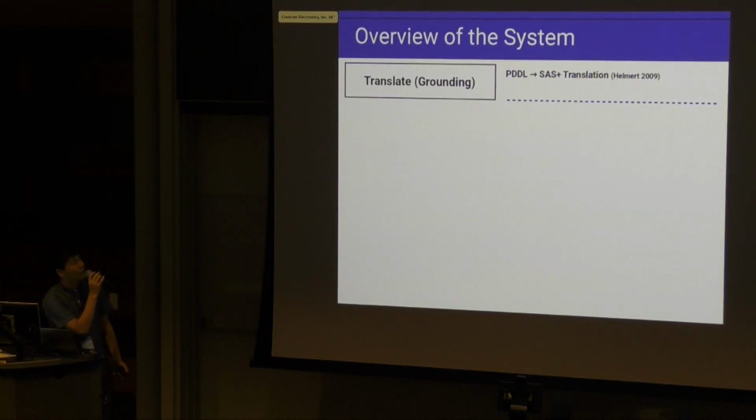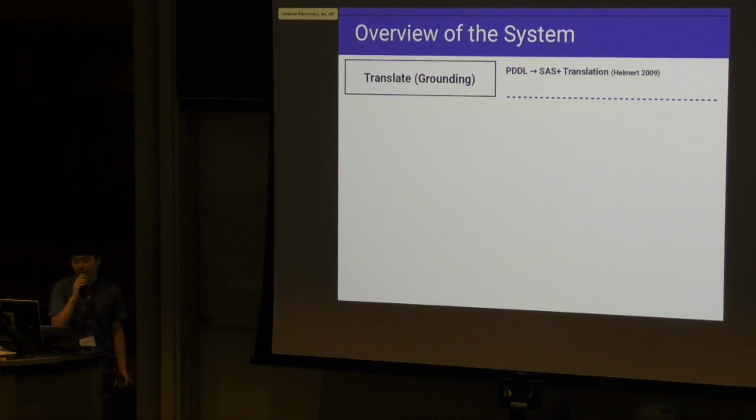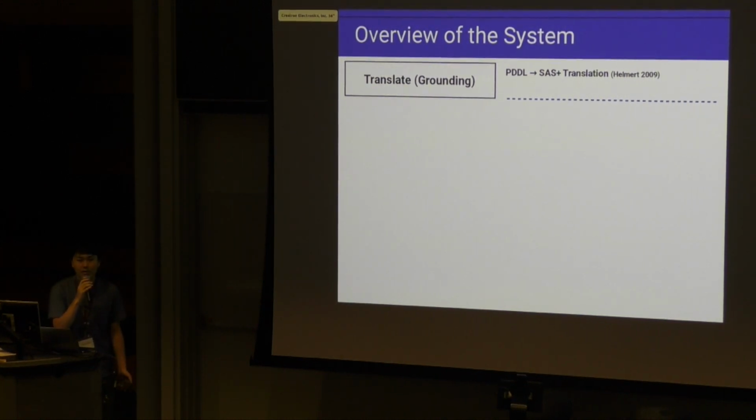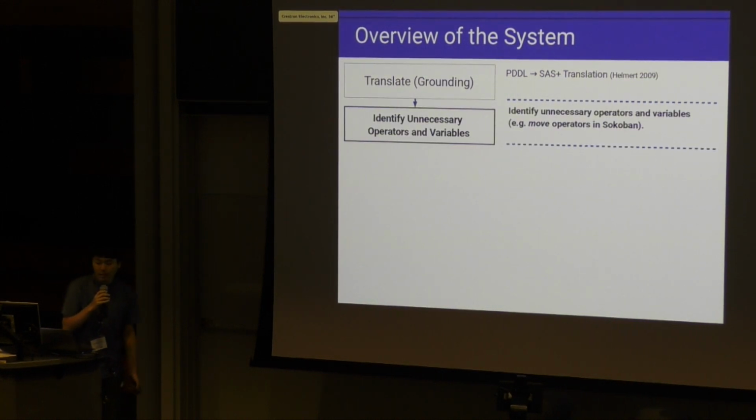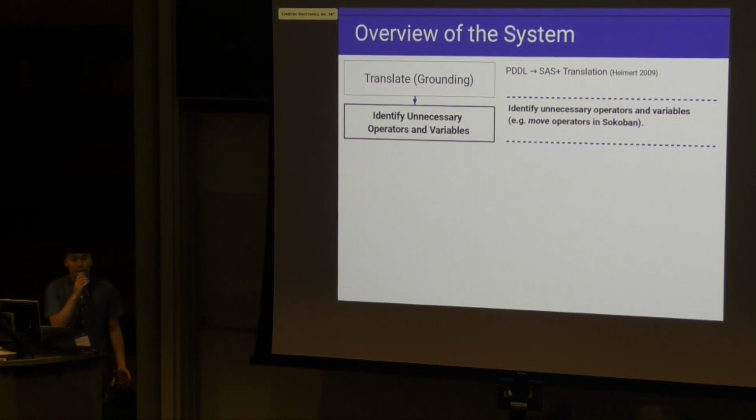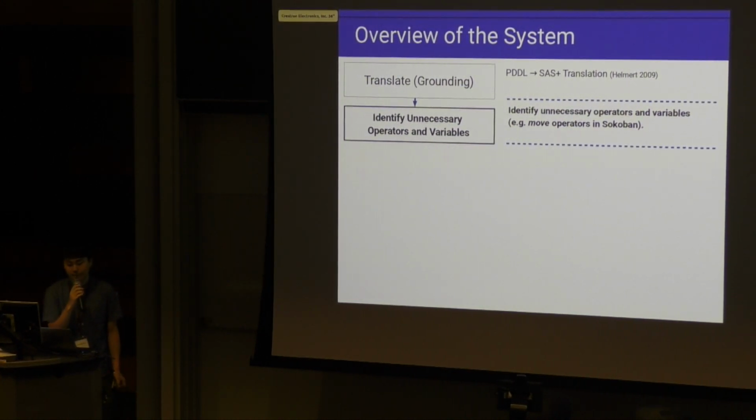The overview of our system looks like this. Since many planning tasks are written in PDDL, we first translate or ground the problems into SAS+. We then look at the grounded problems and see if there are any unnecessary operators, such as move operators in Sokoban.